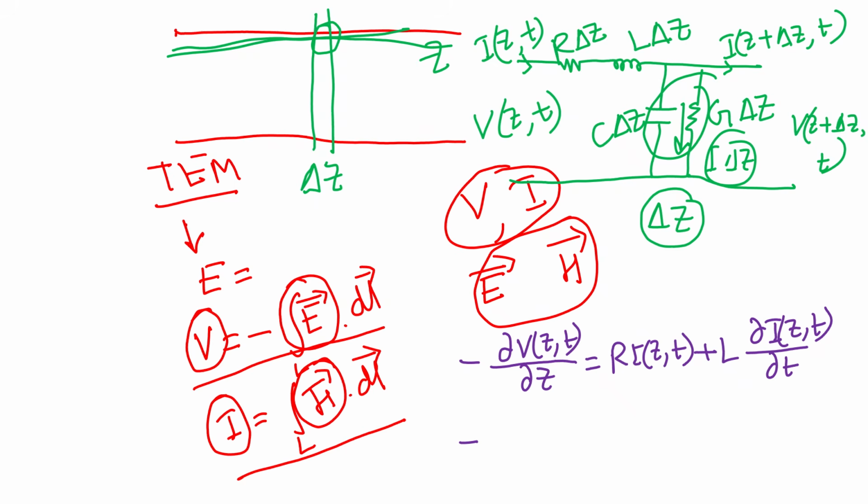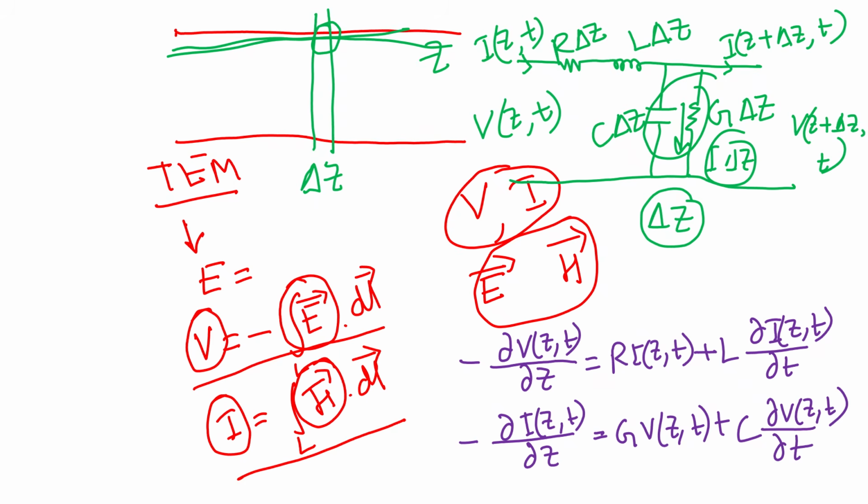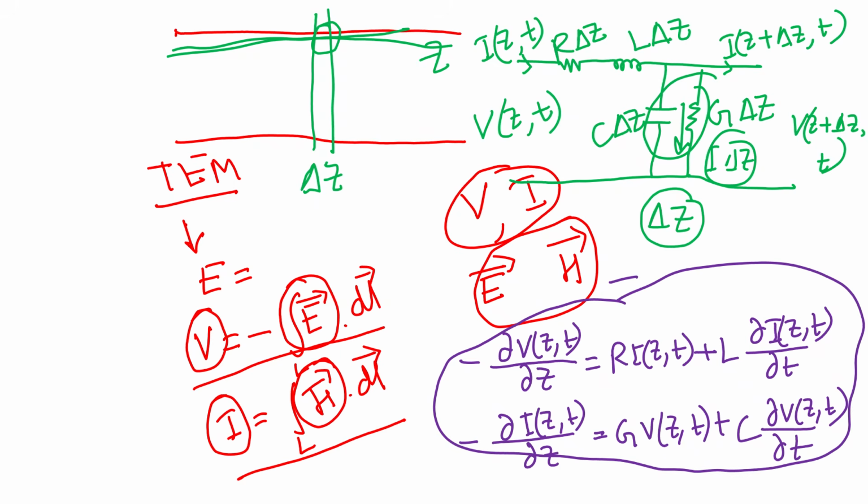Similarly, in terms of current we get minus del I(z,t) upon del z is equal to G V(z,t) plus C del V(z,t) upon del t. These two equations combined are called the telegrapher's equations, a very popular equation related to transmission lines.